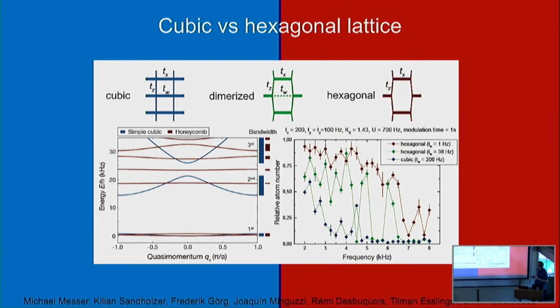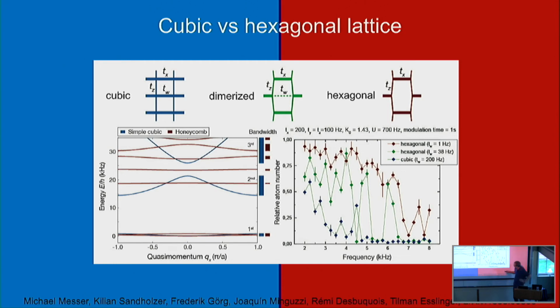Okay, but first I want to take up your worry about driven systems. The reason why it seems that we were a bit luckier with driving the system actually originates in our hexagonal lattice structure. So we compared cubic with dimerized and then hexagonal lattice structure.